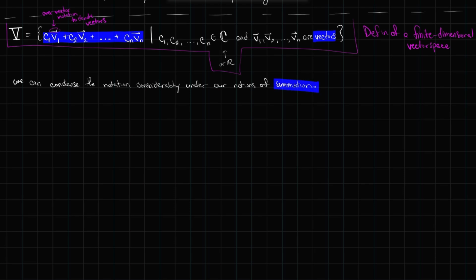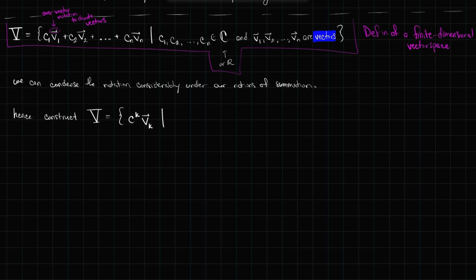So since the linear combination is a summation, we can get away with some better constructions of V. Let's construct V using some Einstein summation notation, c^k v_k.